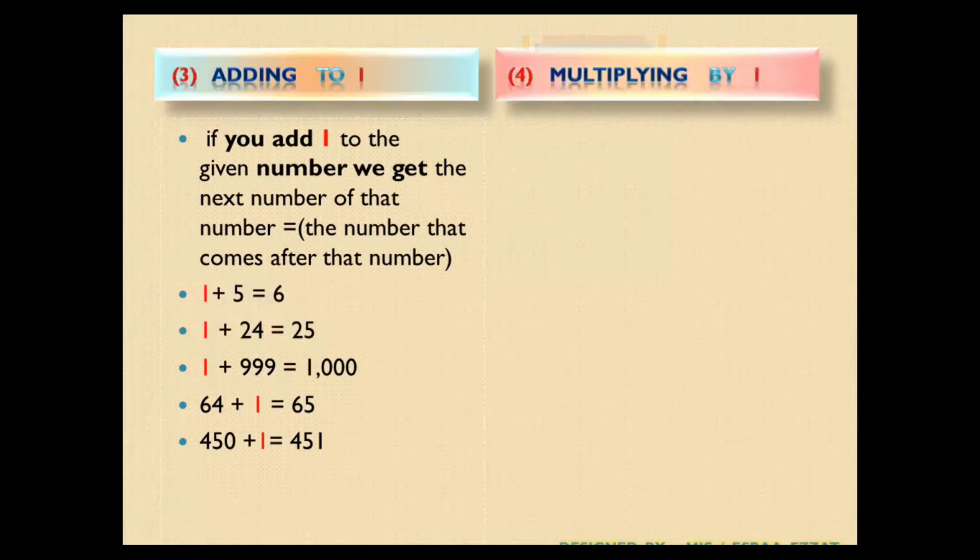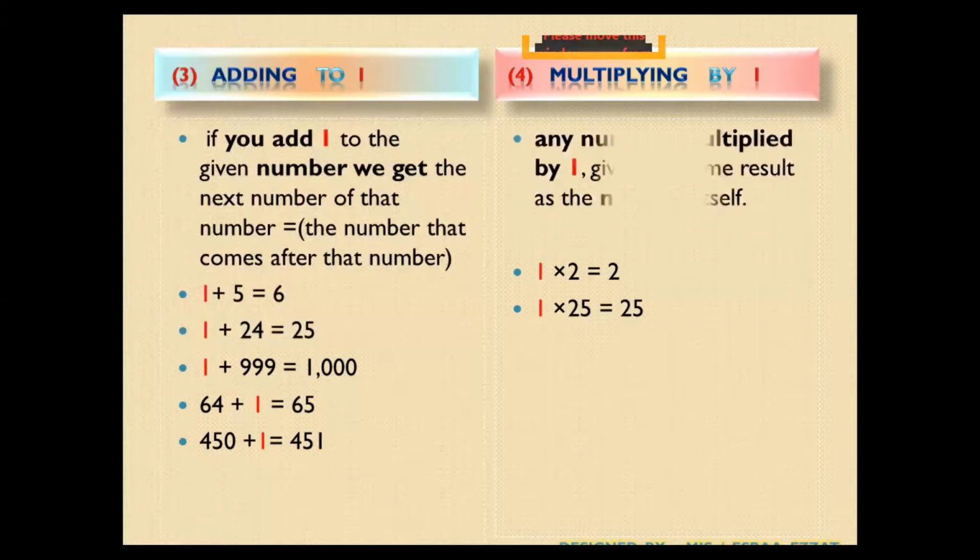Okay, let's take the fourth fact in our lesson, which is talking about multiplying by 1. Here, I want to get the product of 1 by 2. We get number 2. 1 by 25, we get 25.